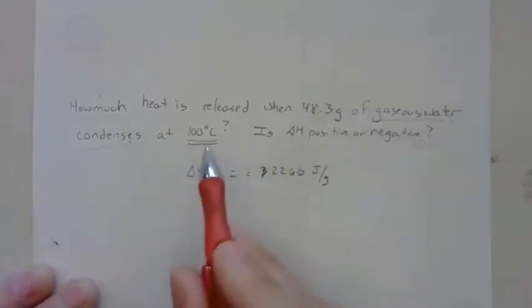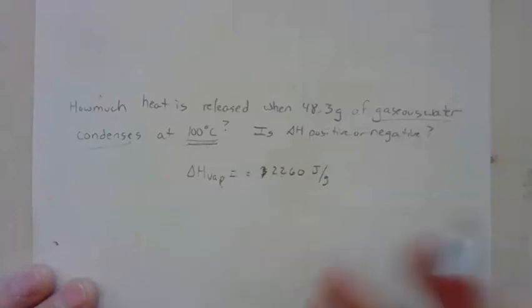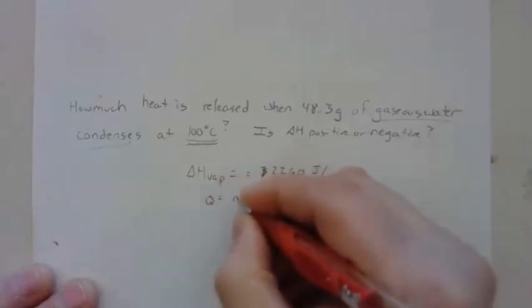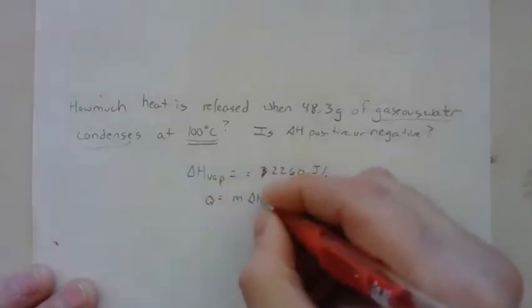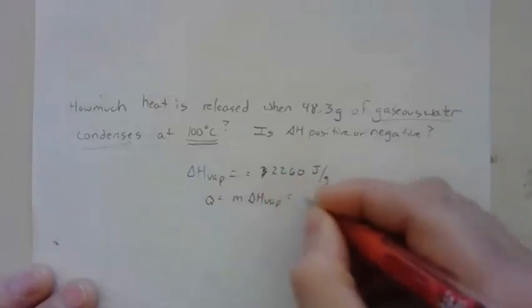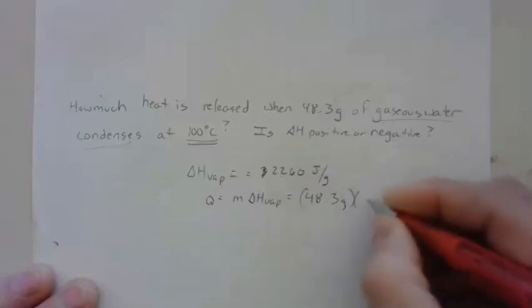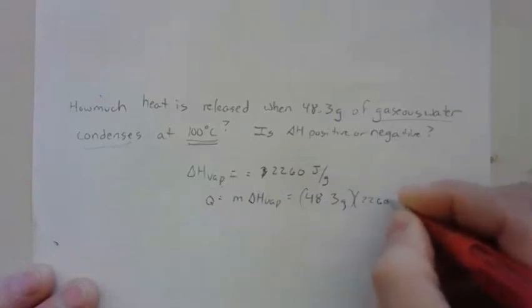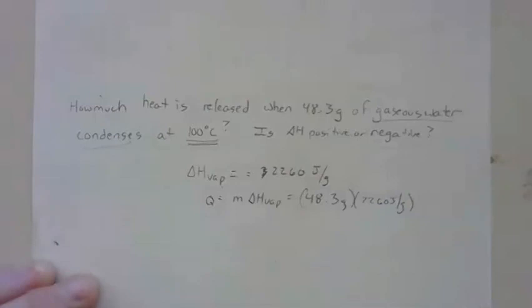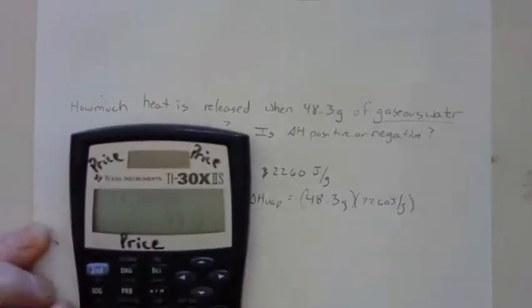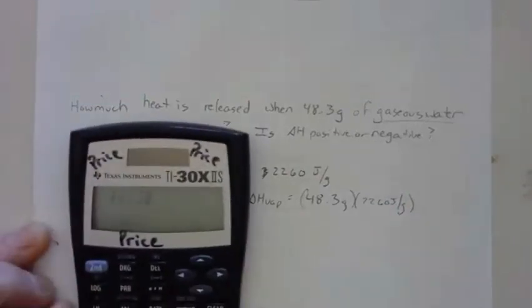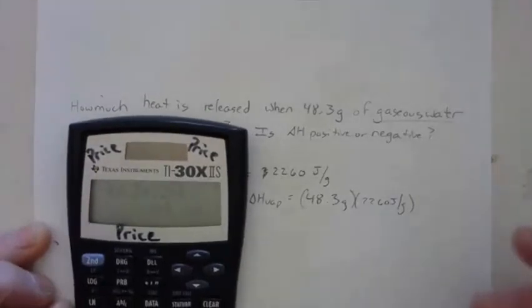This is all telling us that it's the larger number for heat of vaporization. Q is simply m times delta H vap, so that's 48.3 grams multiplied by 2,260 joules per gram. On my calculator, I go 48.3 times 2,260, and I get a big number.